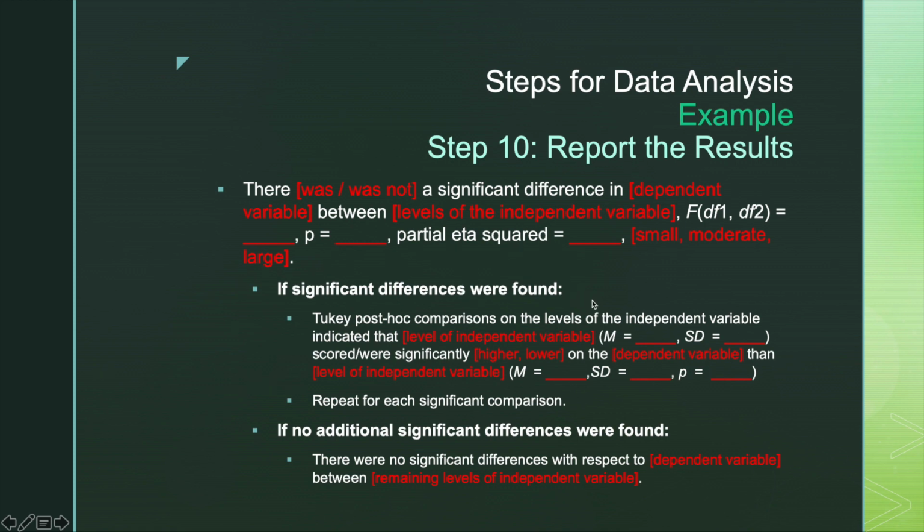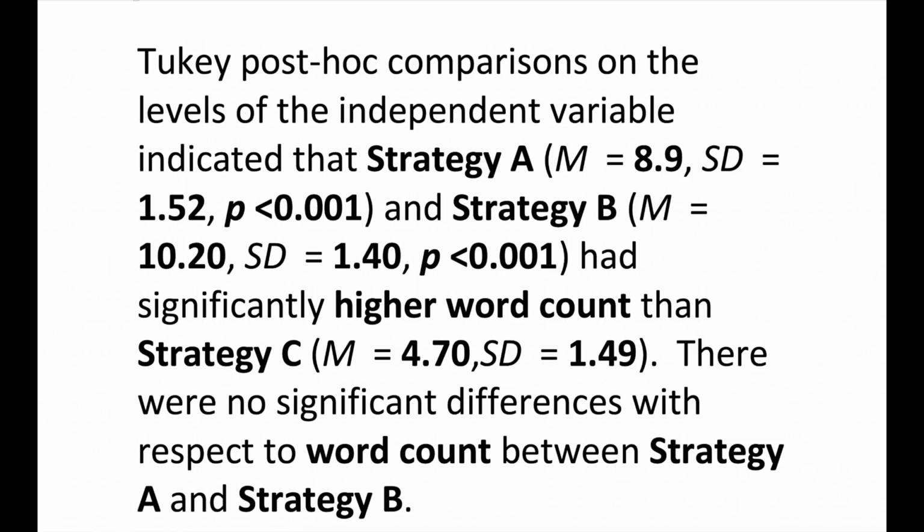And since we did find significance, we are going to use this second prompt down here. So I would say, Tukey post hoc comparisons on the levels of the independent variable indicate that strategy A, with a mean of 8.9 and a standard deviation of 1.52, with a p-value less than 0.001, and strategy B, with a mean of 10.2, a standard deviation of 1.4, and a p-value of 0.001, had significantly higher word count than strategy C, with a mean of 4.7 and a standard deviation of 1.49.